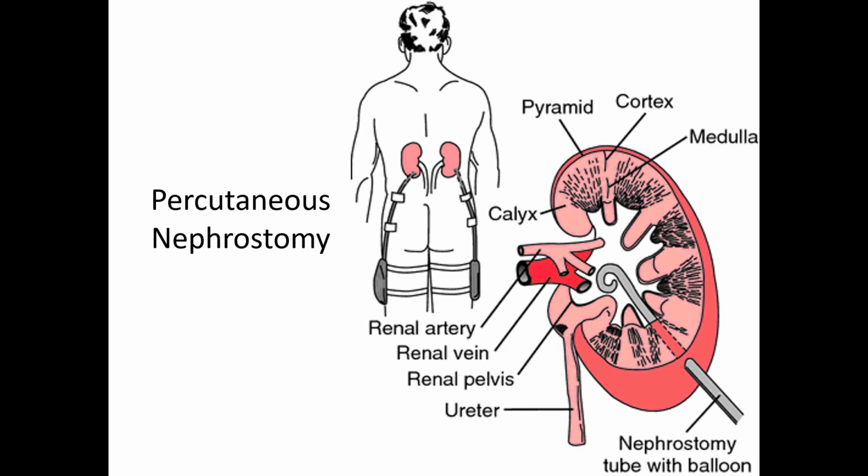This is just an illustration showing the kidneys and the patient in prone position. It shows the kidney anatomy in a very simplified way, with the renal arteries, renal vein, and renal pelvis. This procedure is done under ultrasound guidance, CT guidance, or fluoroscopy.